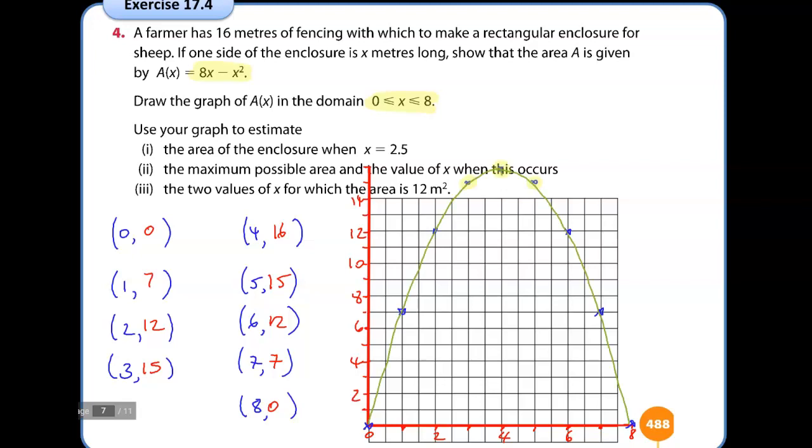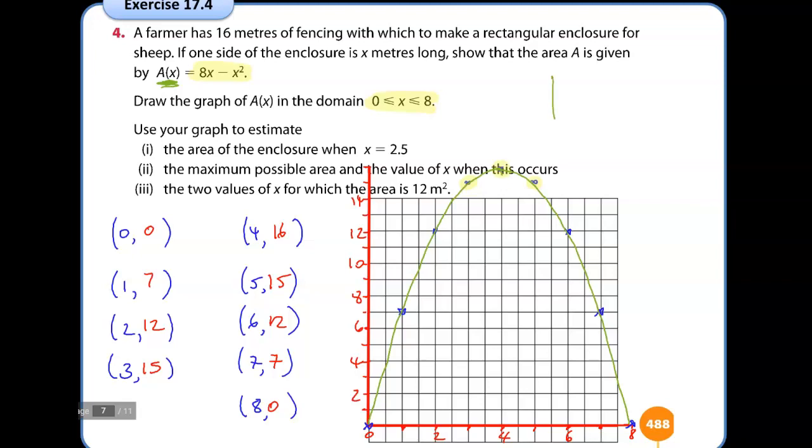Now the purpose of this function was to describe the area. Okay, so the y-axis is the area. The area A is equal to, and x is the length of one side.